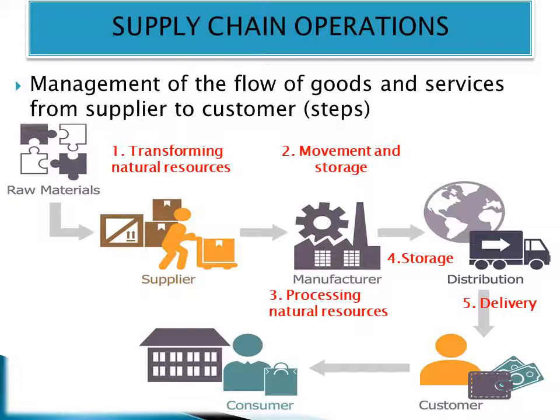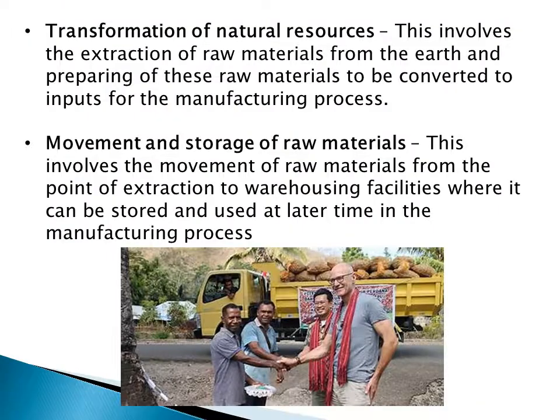So this here entails the whole supply chain operation, which extends beyond just movement of the goods and storage of the goods, as we said with logistics, but it involves management of those flow of goods from the point where raw materials are transformed into products, stored, and delivered to the consumer.